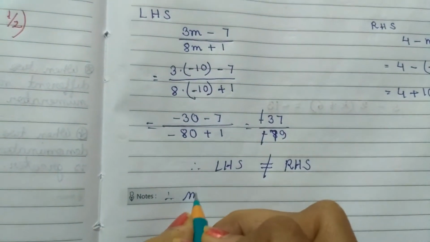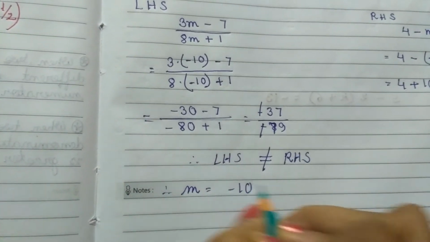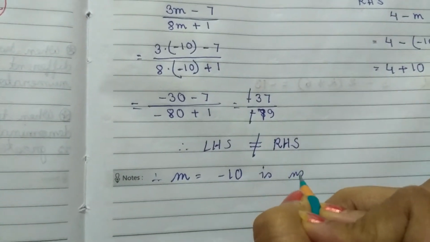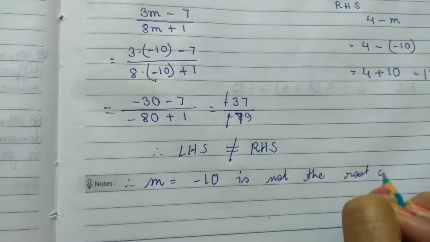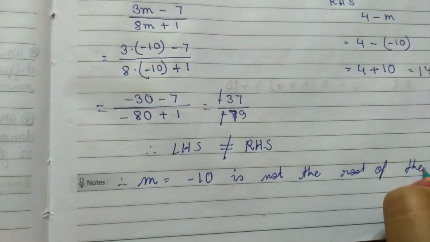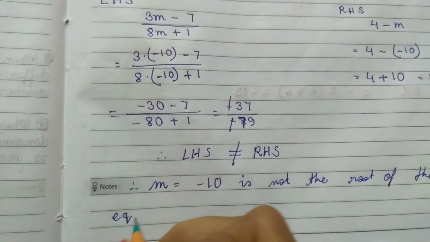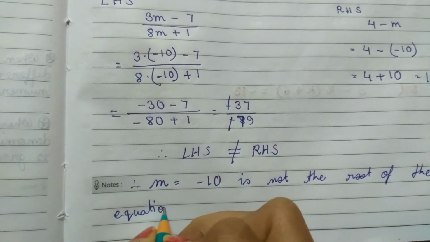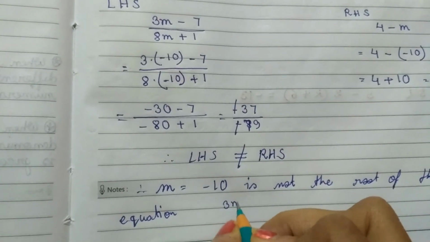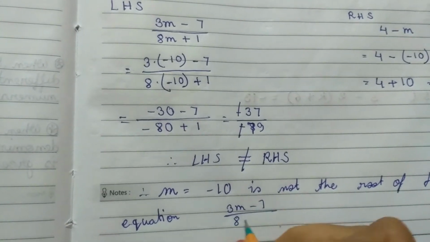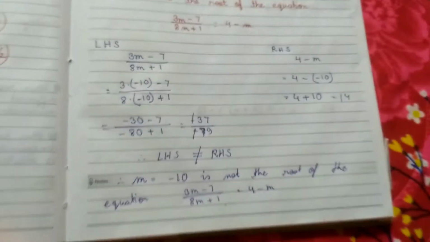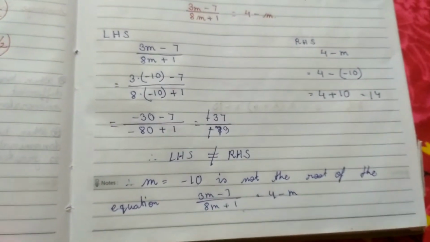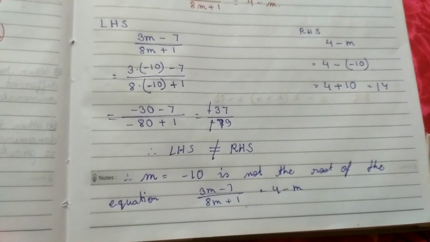Therefore m equals to minus 10 is not the root of the equation (3m minus 7) by (8m plus 1) equals to 4 minus m. They are not equal, so it is not the root.